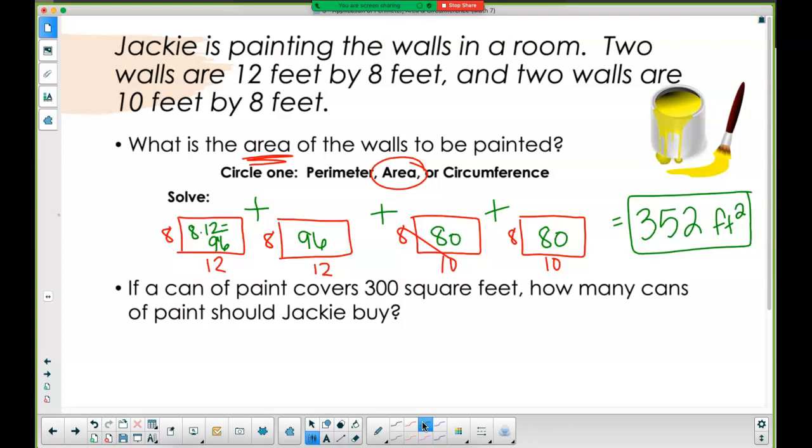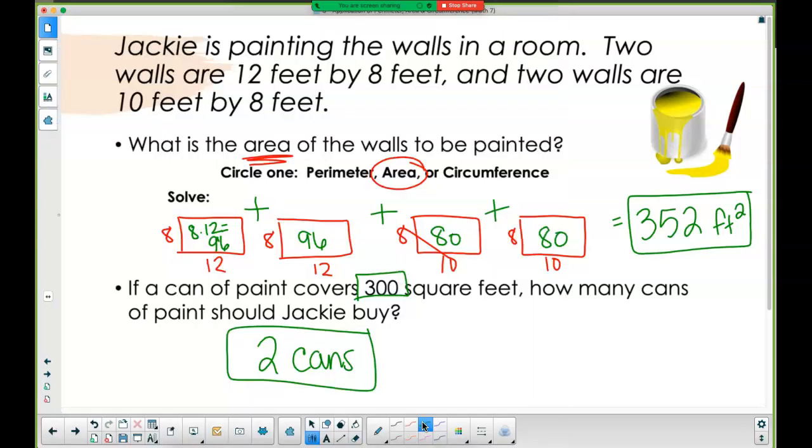Is 1 can going to be enough? No, you're going to run out, right? So how many cans are you going to buy? Tyler? 2. Because 1 can covers 300, 2 cans would cover 600. I need 2 cans of paint.